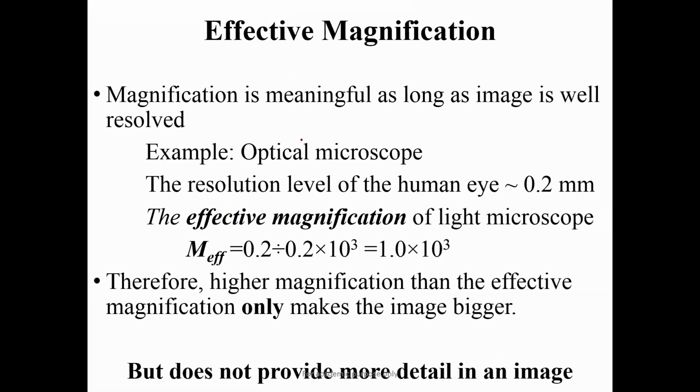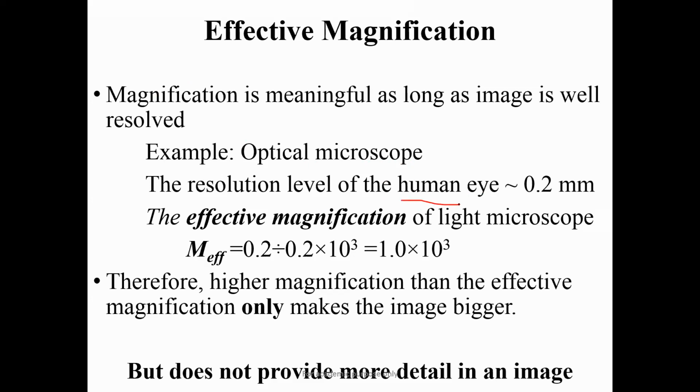Now we will see why this is very high magnification with the electron beam. Once we are magnifying the image, if it doesn't have resolution, it doesn't make any sense. So optimum or effective magnification is required. What is effective magnification? Let's consider the optical microscope, because most of us are very familiar with it, and we can see objects with the human eye.